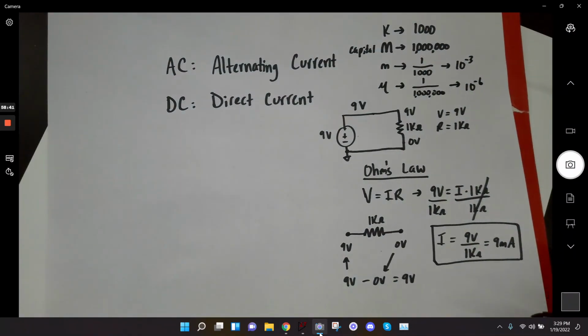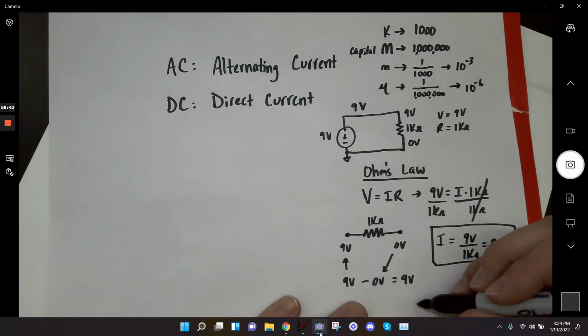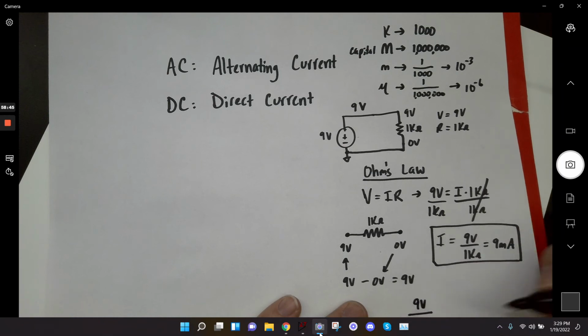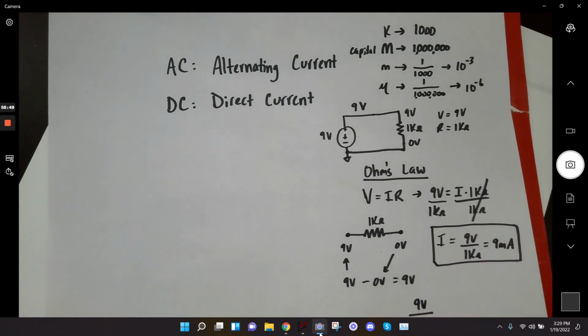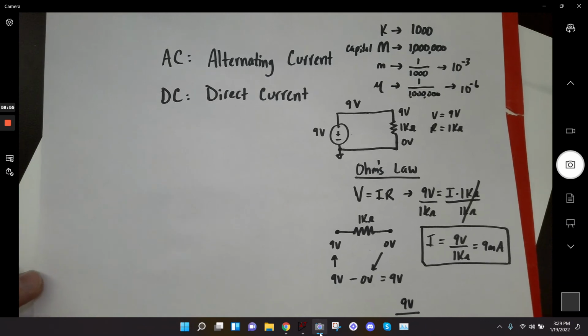So in this case, I took 9 volts and I divided it by 1,000 ohms, right? So if I take that, do I have my calculator? You're also a bit off camera. Am I? Oh, down here. Whoops. Hang on.